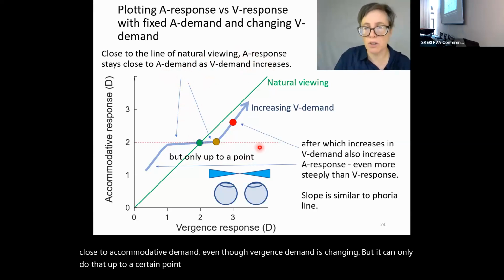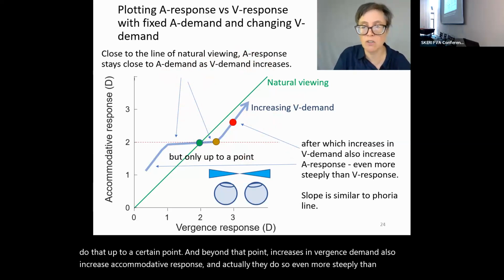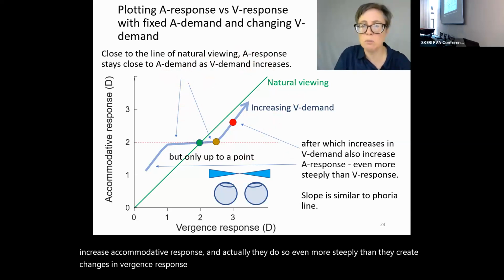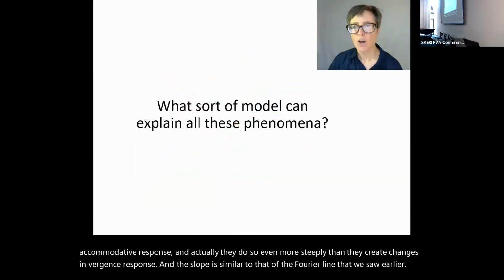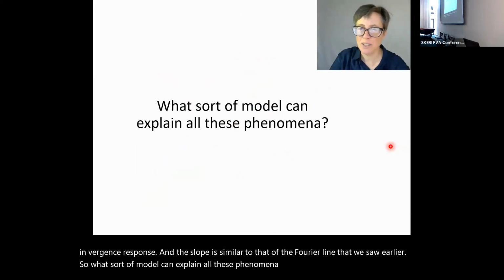Beyond that point, increases in Vergence demand also increase accommodative response, and they do so even more steeply than they create changes in Vergence response. The slope is similar to that of the Fourier line that we saw earlier. So what sort of model can explain all these phenomena? That's what Cliff and I have been thinking about recently.